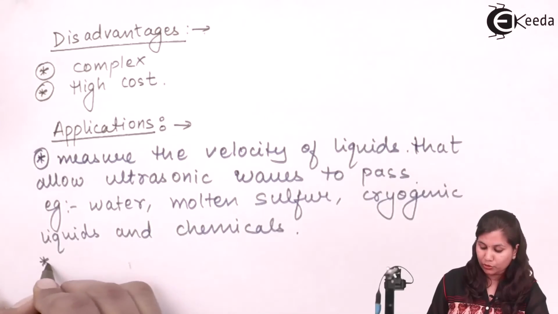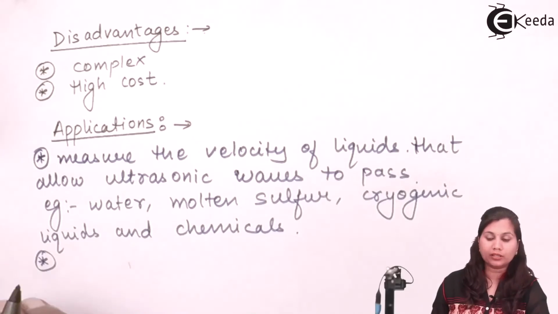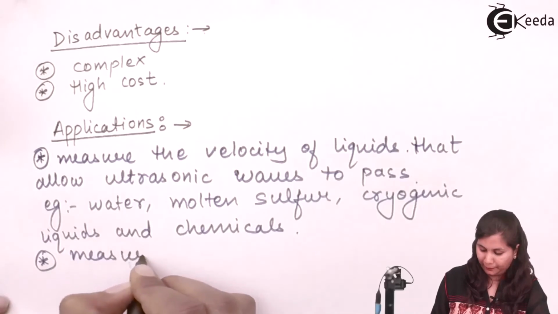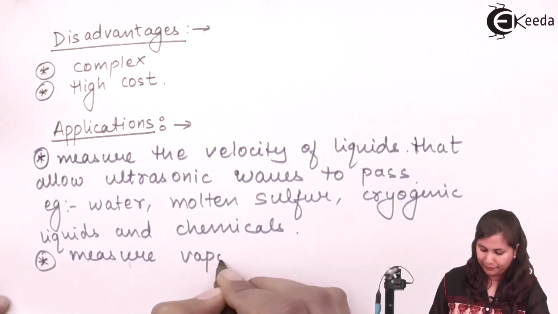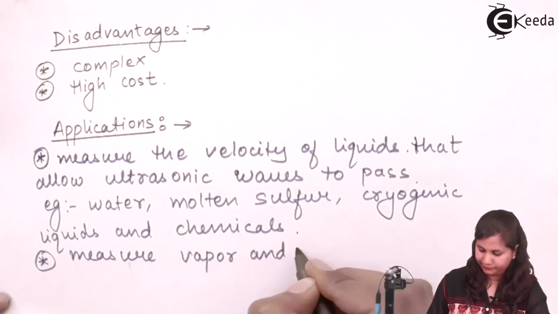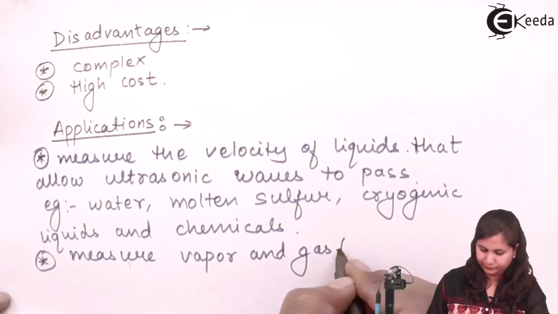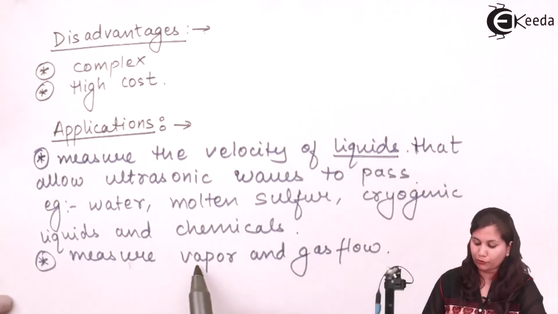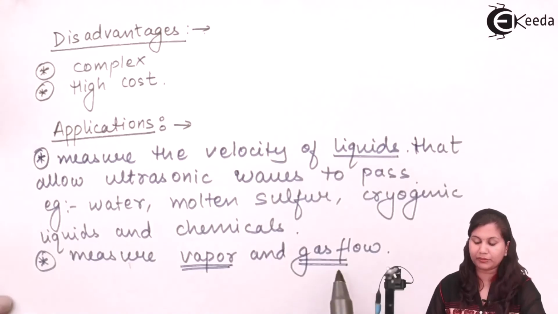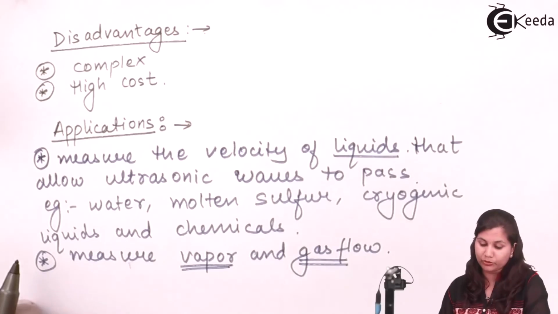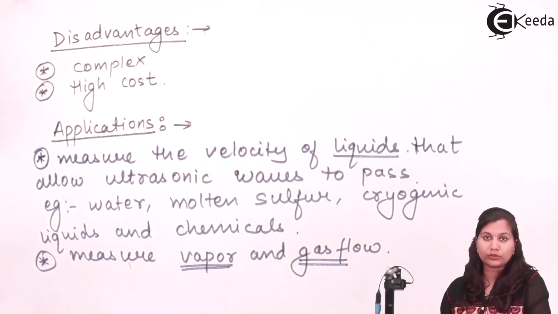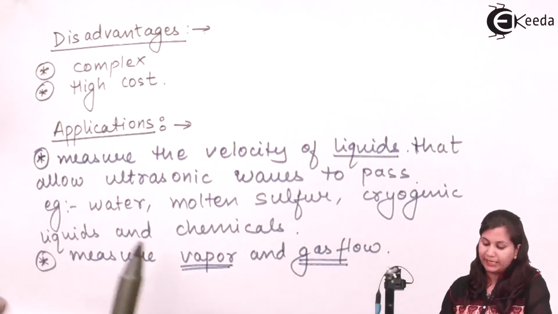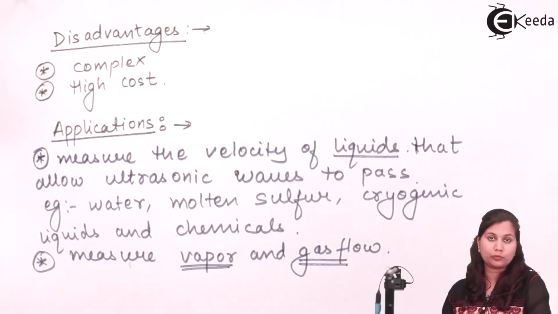Also it can be used to measure the velocity of the vapors and the gas. So not only for the liquids but also for the vapors and the gas flow measurements, the ultrasonic flow meters can be used. But there is only one limitation, that the liquids and the vapors and gas should allow the ultrasonic waves to pass through them.